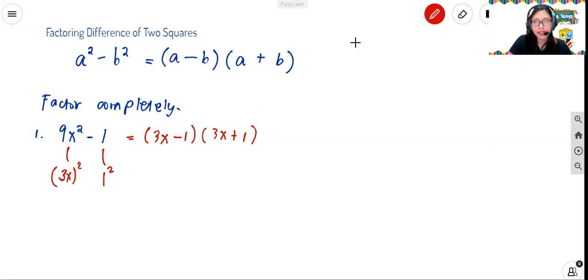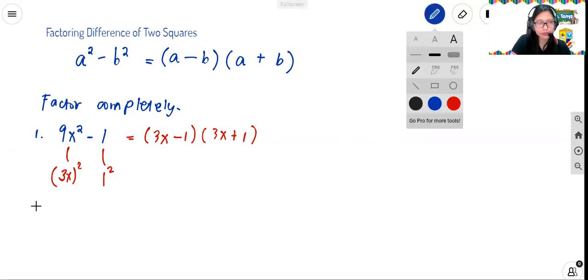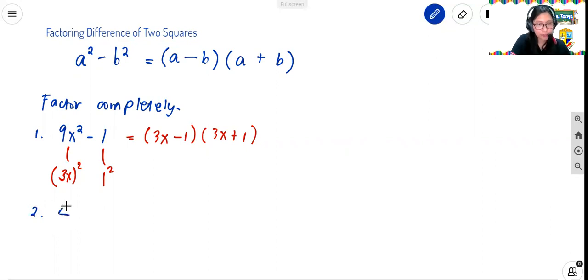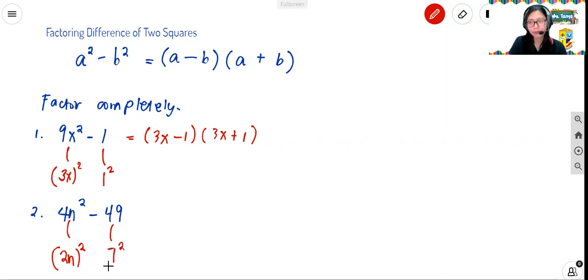Okay, next, let's have another example. Let's have 4n squared minus 49. So again, let's first identify if there are perfect squares. So 4n squared, the square root of 4 is 2, the square root of n squared is n. So you can put it like this. And then 49 is 7 squared, right?